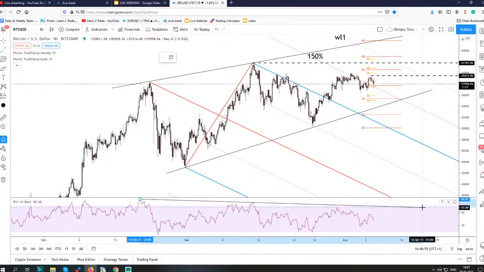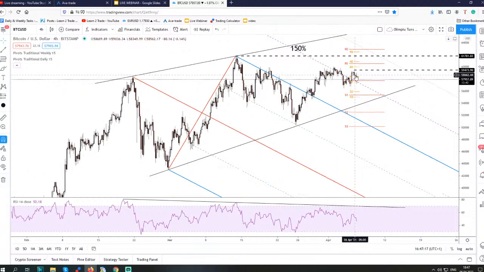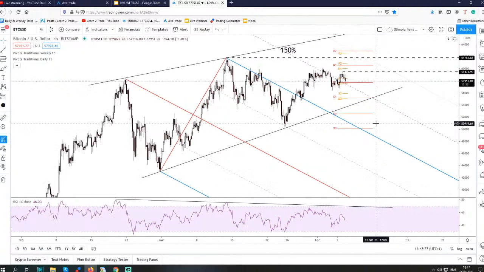The RSI shows us that we have a bearish divergence here on the 4-hour chart, and if the price will eventually drop below this immediate uptrend line, if it will register a valid breakdown, so drop, retest, then it could indicate an important corrective phase here on Bitcoin.